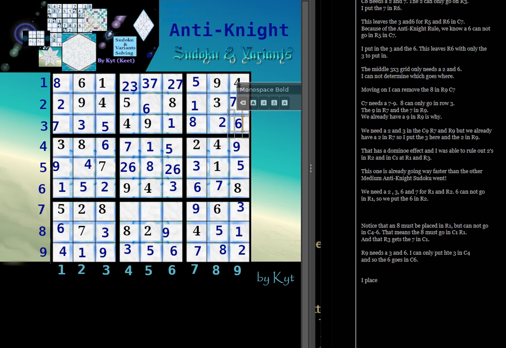I place the 6 in row 3, column 9, and see if anything else can be done. And we can remove the 3 from row 1, column 4.